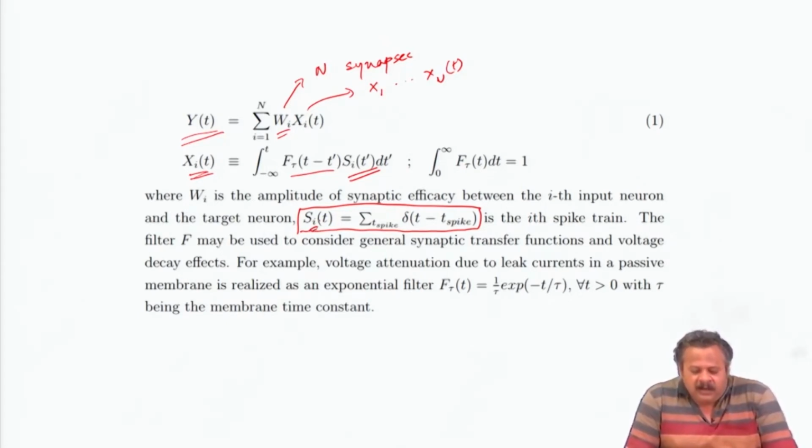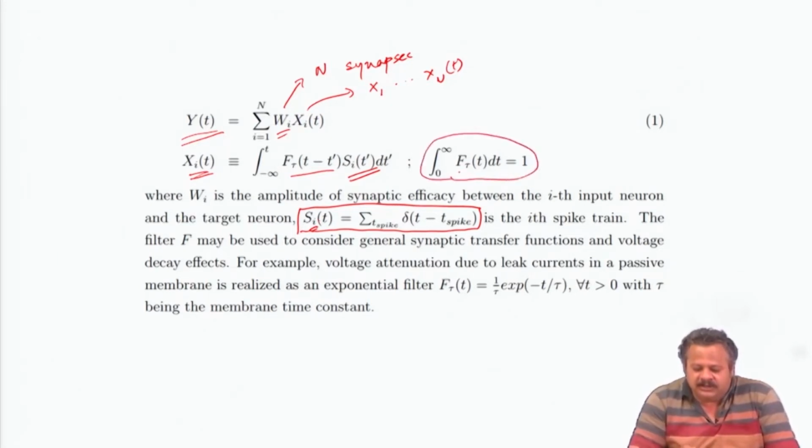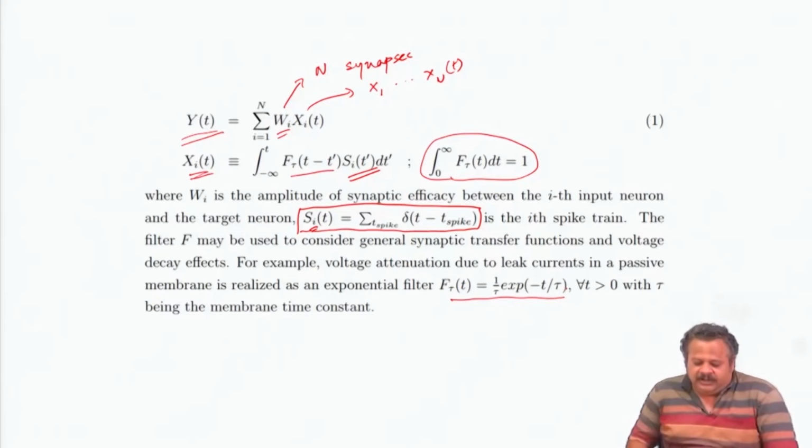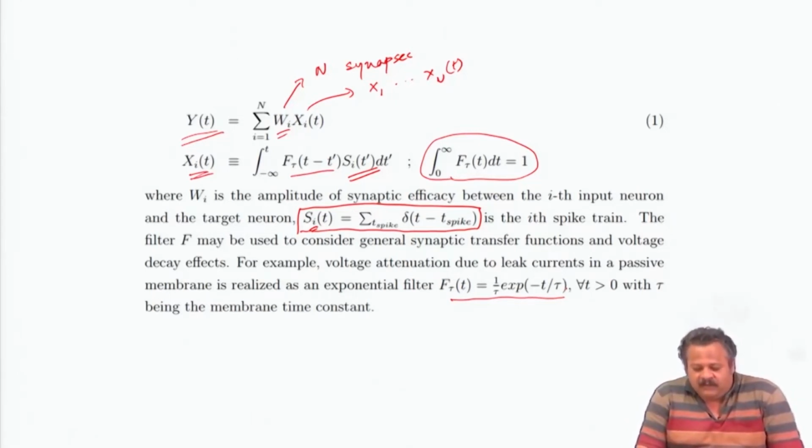And the f_tau, which is constrained to sum to 1, can be an exponential decay, or can also be some other form. In this case, they have considered it to be an exponential decay, and this is a pretty standard way of formulating the whole problem.